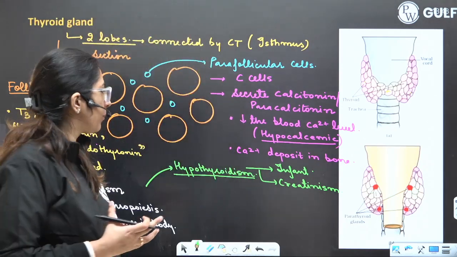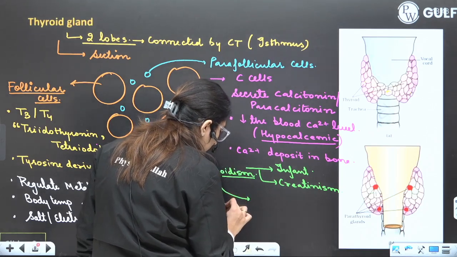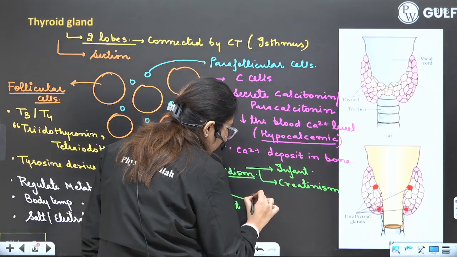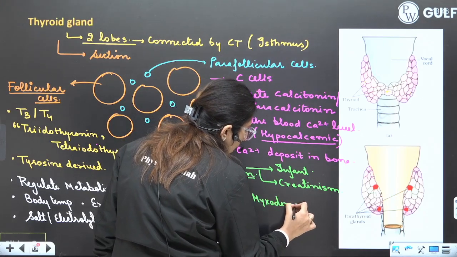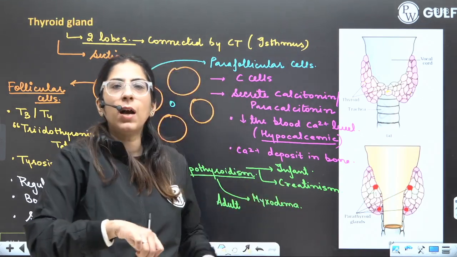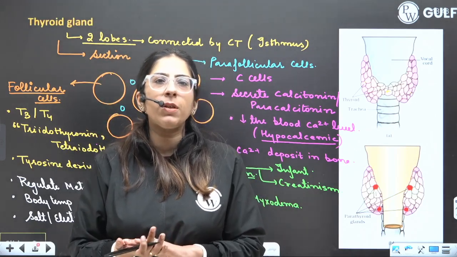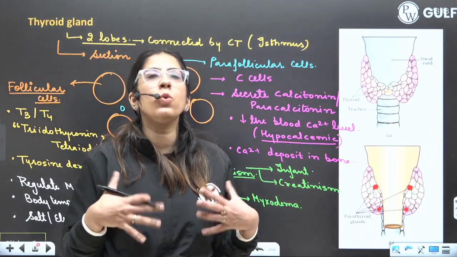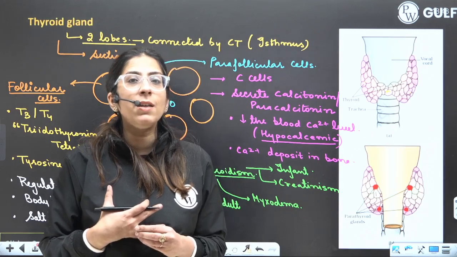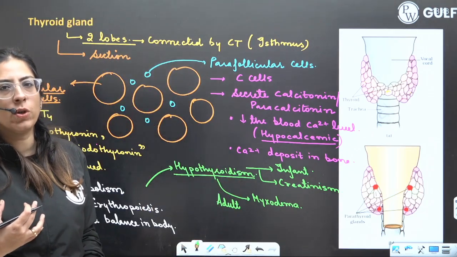But the same case, when it occurs in an adult, is termed myxedema. There will be edema, swelling, and their basal metabolic rate will be less. So they tend to gain weight because they have a lower metabolic rate.